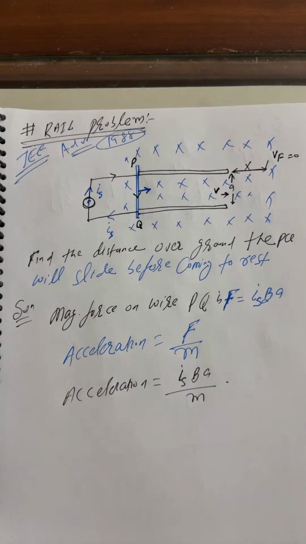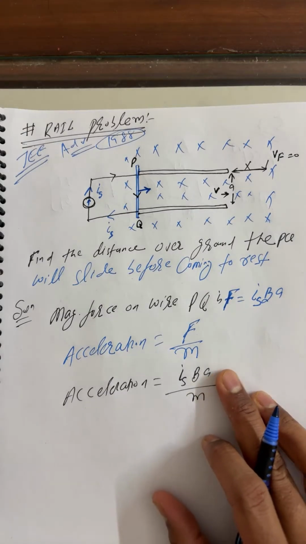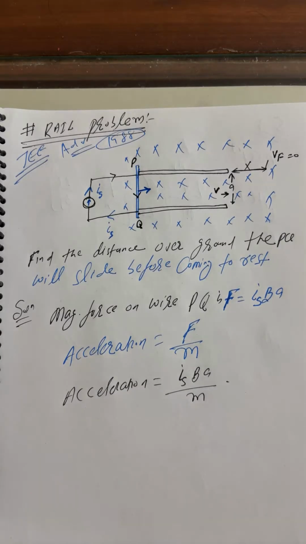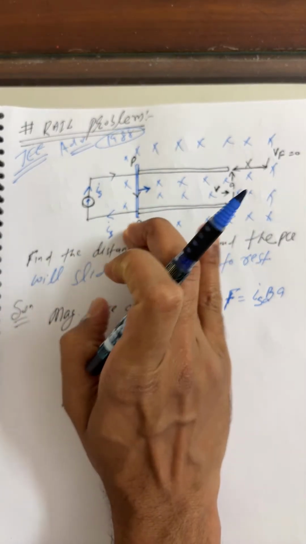Okay, now we can write the velocity the particle gains. Here we can use v squared equals u squared plus 2as. Initially the particle's velocity is 0, and the particle gains velocity after some time.